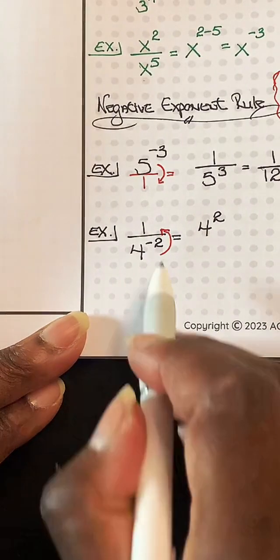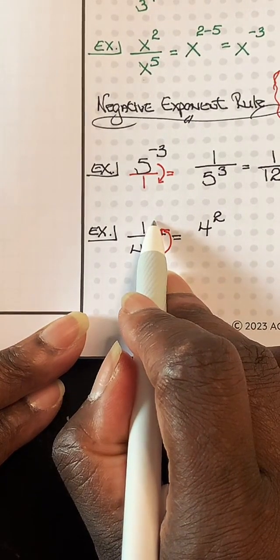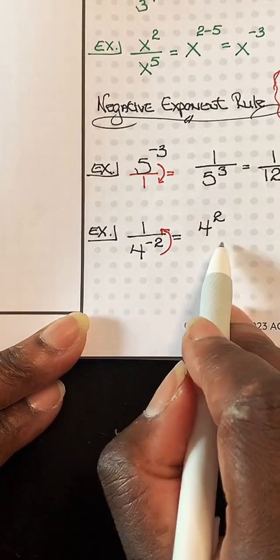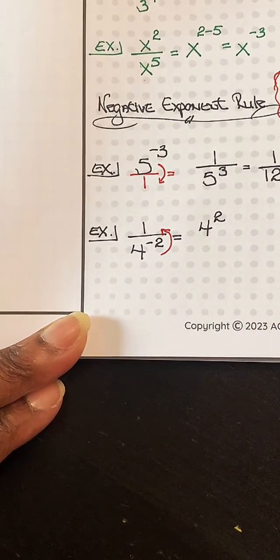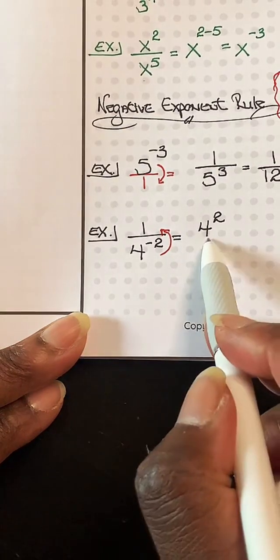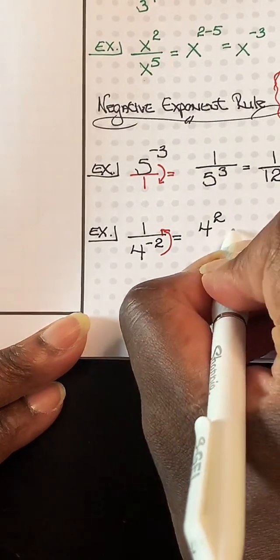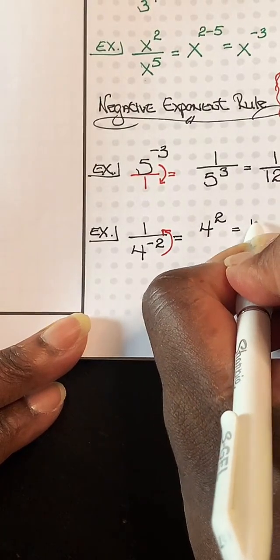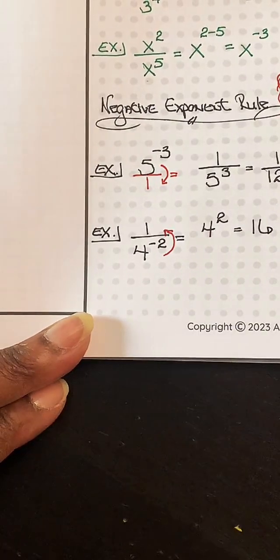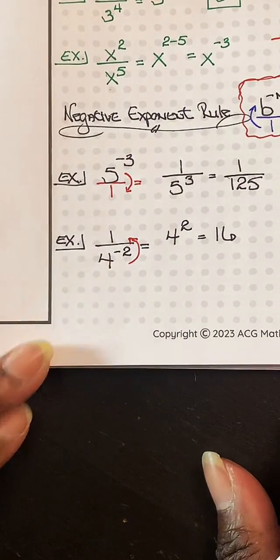By moving it to the numerator, we could put the 1 in the denominator if you want, but anything divided by 1 is going to be itself. And now 4 squared, if they ask us to take it a step further, will give us 16.